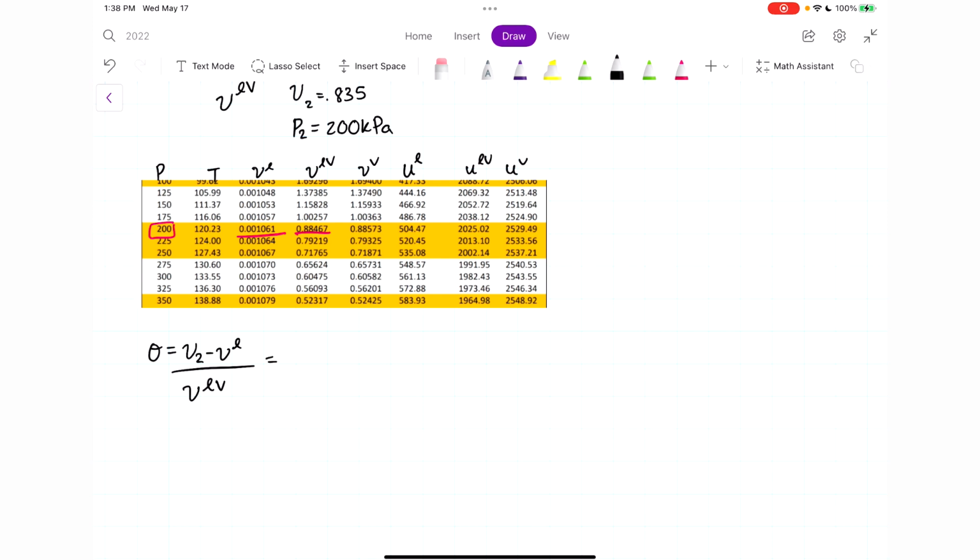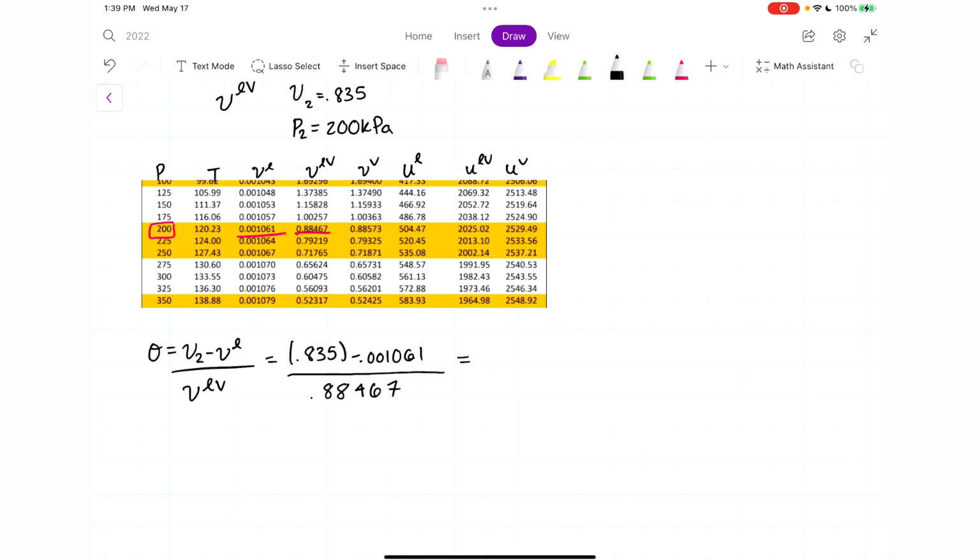So 0.835 minus 0.001061 divided by 0.88467.